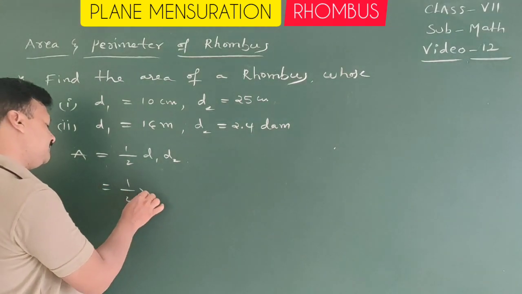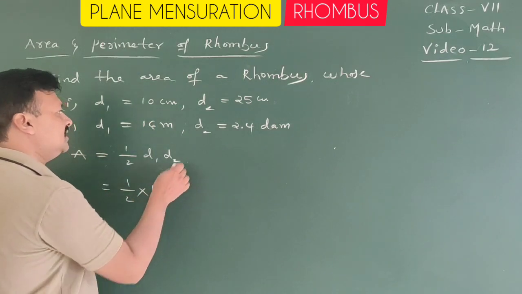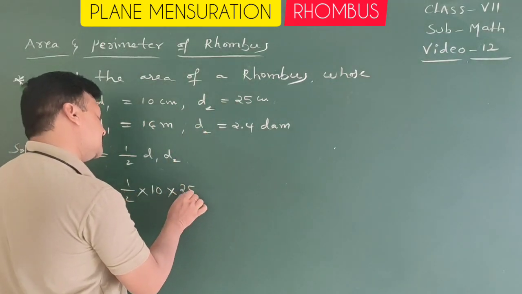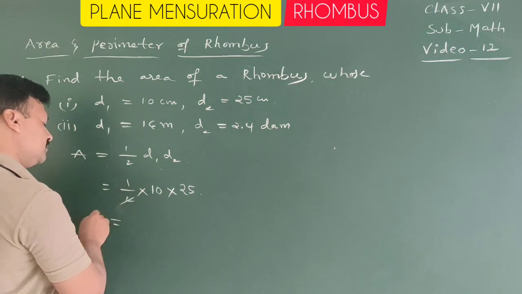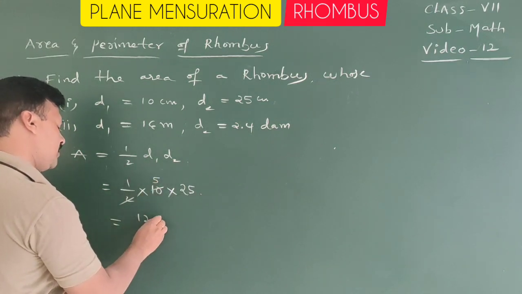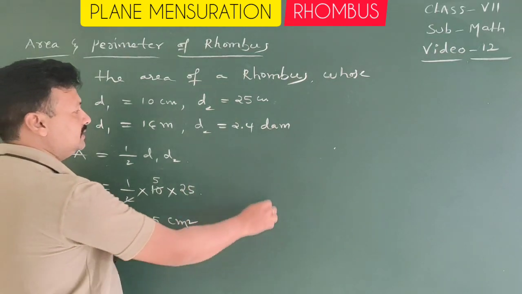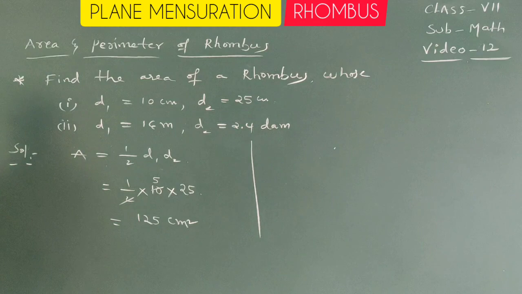Half d1, here 10 centimeters, d2, here 25 centimeters. So 5 times 25 is 125 centimeter square, the area of the first rhombus.